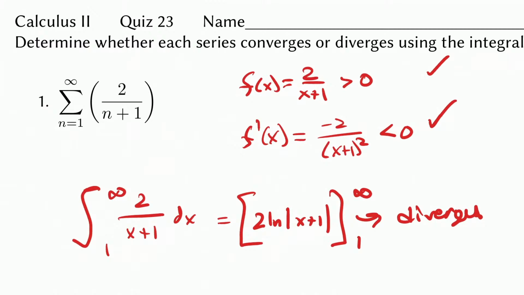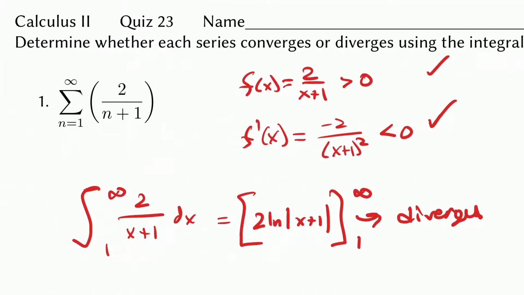So we're good. We can use the integral test. Here's the integral test. I do the integral over that range. Technically, I should do a substitution, but we've done this so many times. Hopefully, it's okay to just write it like this. 2 over this is going to be 2 times the natural log of that. And when I do the limit as x approaches infinity of that, I do get infinity. So that diverges. So there's number 1.